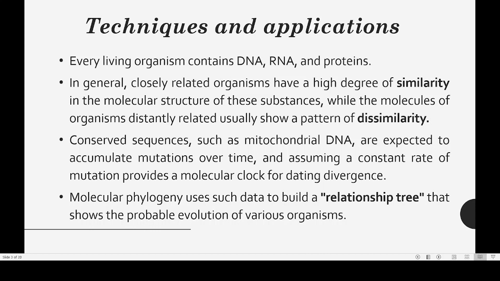So that kind of DNA which does not show much difference is known by the name conserved, or there is another term, evolutionarily conserved. Conserved means they are remaining constant without any kind of change. So constant or conserved sequences such as mitochondrial DNA are expected to accumulate mutations over time. What is a mutation? Any kind of genetic change, especially sudden change.